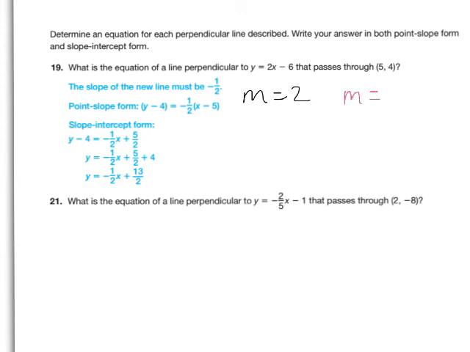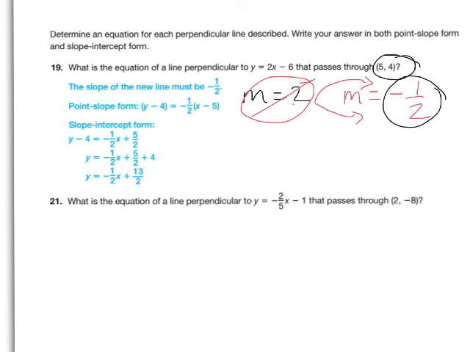So the slope we want is opposite, so it's going to be negative and reciprocal. So we don't want this one, but we want to use that to create the reciprocal slope, which is -1/2. So now you can use this slope and this x and y to solve it out. Okay, this is called point slope form.